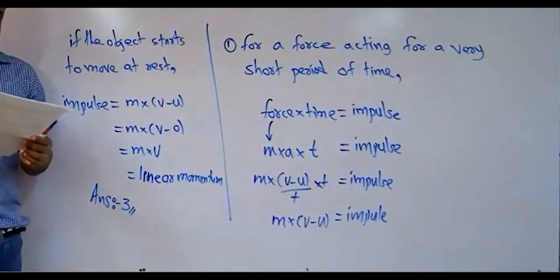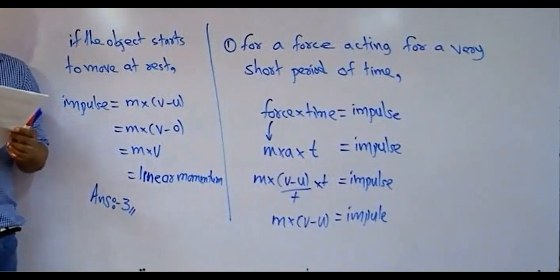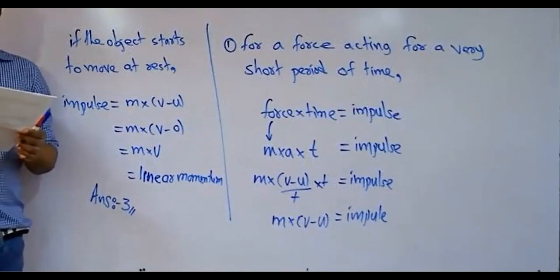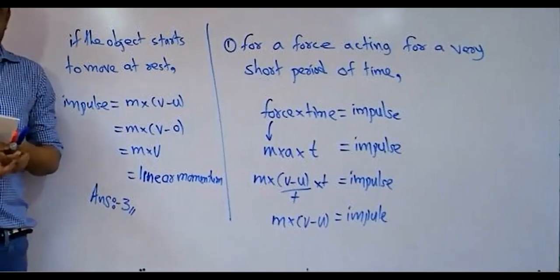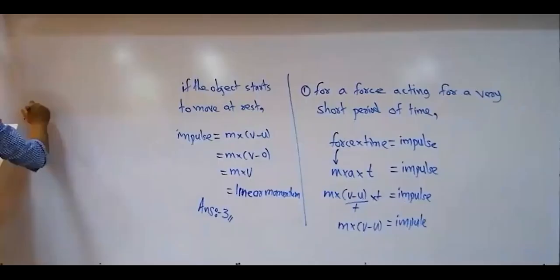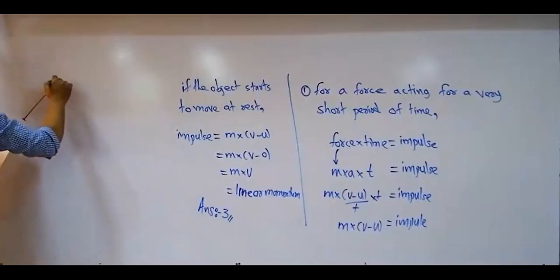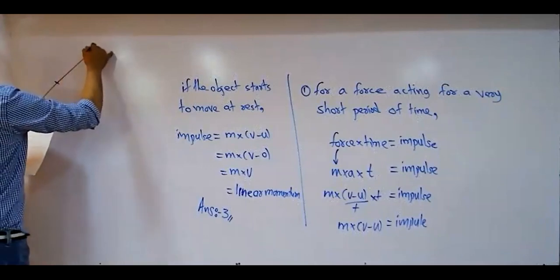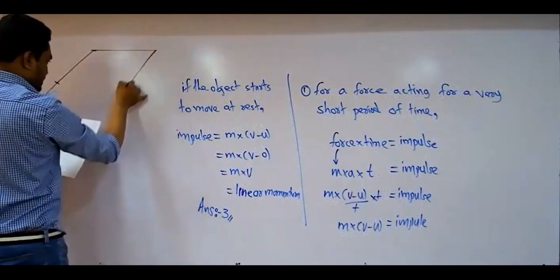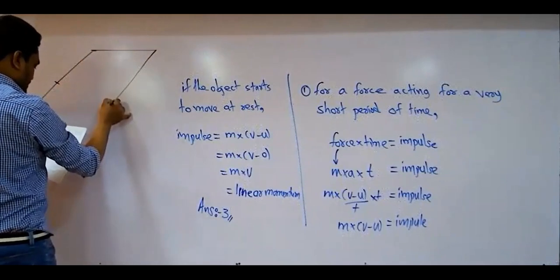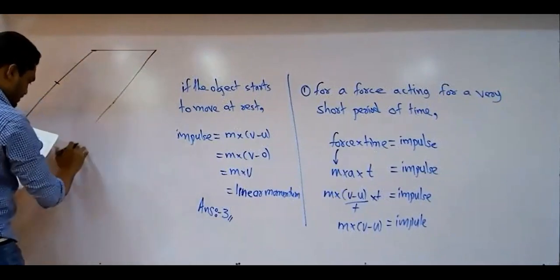AB, BC, CD, DE, EF. So what is the resultant here? AB, BC, CD, DE, EF.